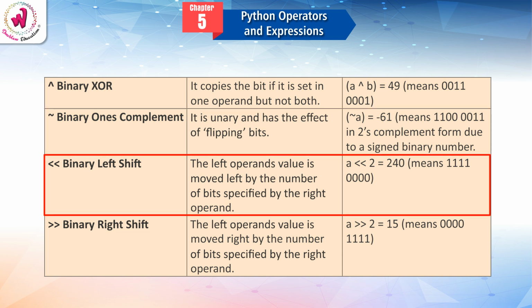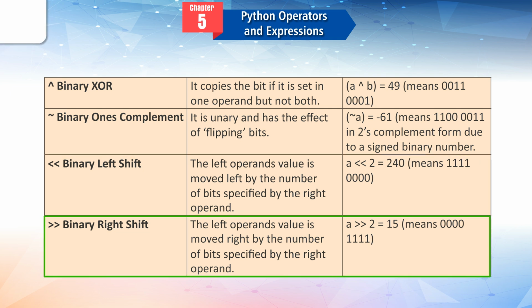The left operand's value is moved left by the number of bits specified by the right operand. A left shift 2 is equal to 240, which means 11110000. Binary right shift. The left operand's value is moved right by the number of bits specified by the right operand. A right shift 2 is equal to 15, which means 00001111.